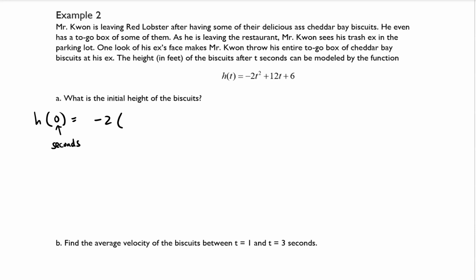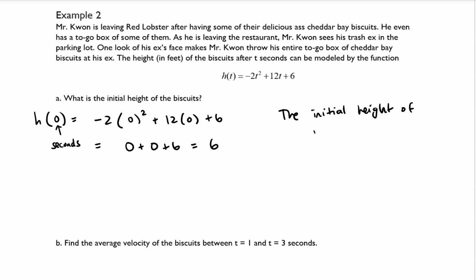And if we do that, we get negative 2 times 0 squared plus 12 times 0 plus 6. The first two terms become 0. And if we simplify that, we get 6. So the initial height of the biscuits is 6 feet.